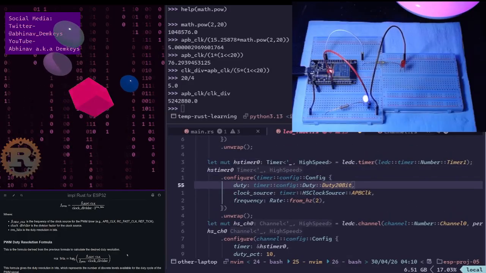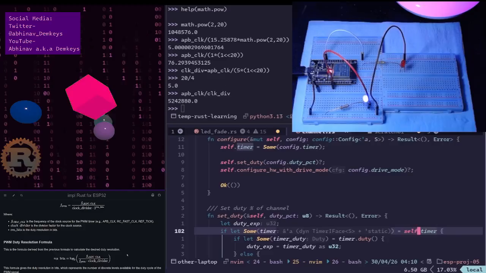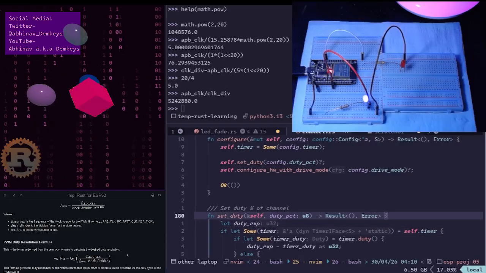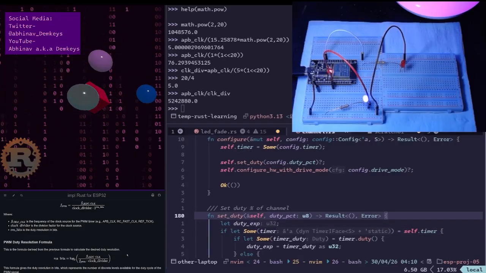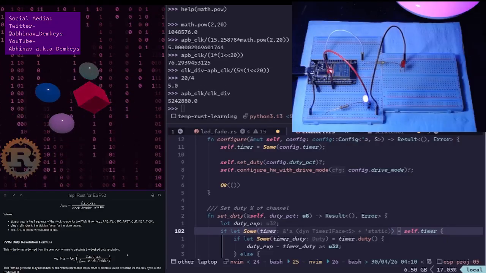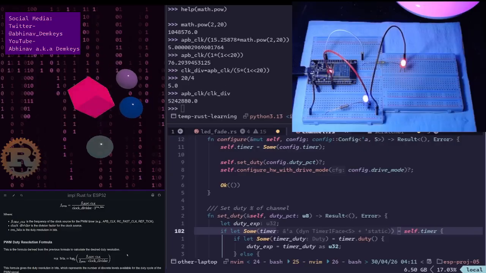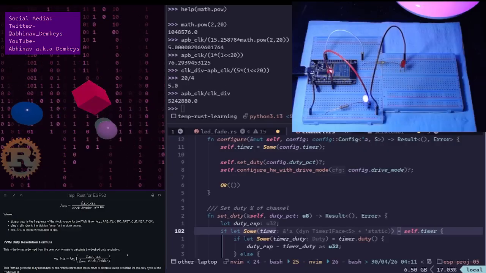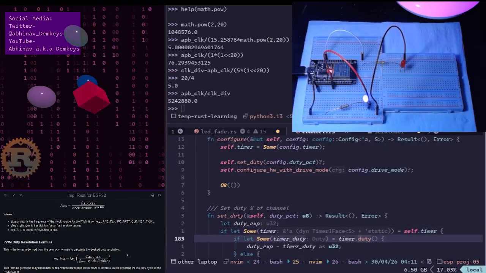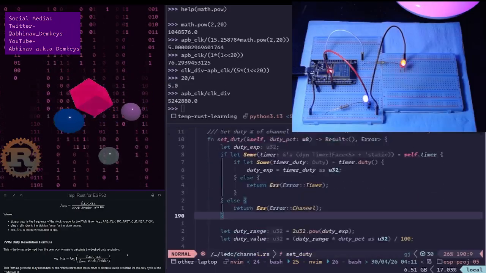So in channel, when we pass in the percentage, based on the percentage that we have passed and the duty resolution that we have specified, it calculates what the actual value is going to be.